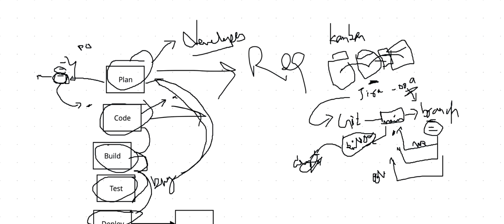Deployment is once you are ready to put this onto the server, the deployment triggers and automatically deploys. If the build is a Docker image, that image will be deployed into the container. What do you mean by image here? Build is basically packaging.